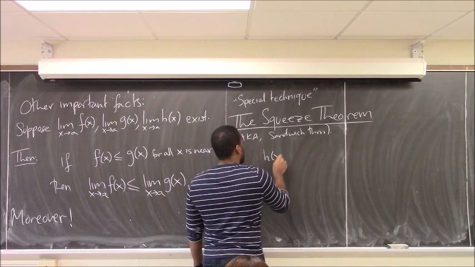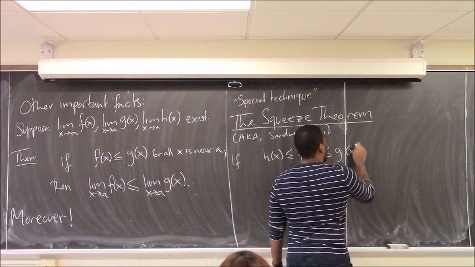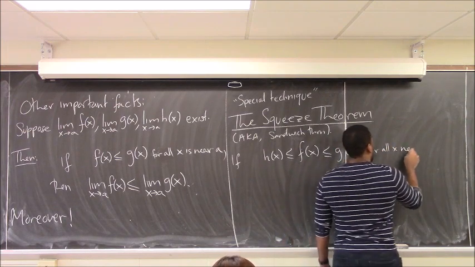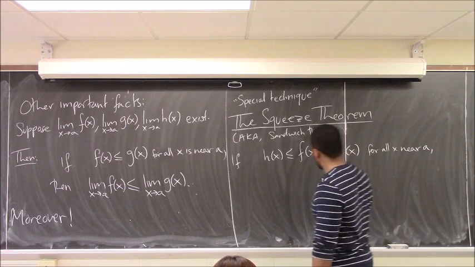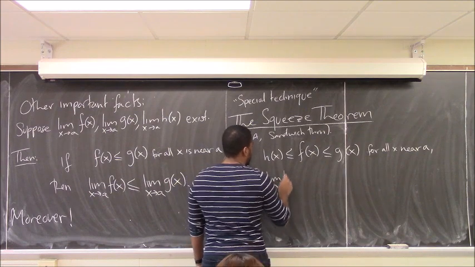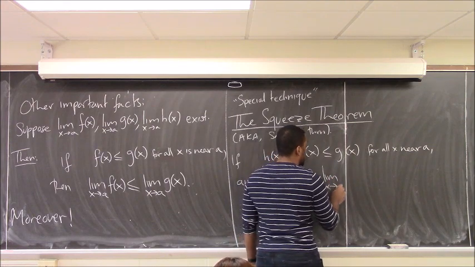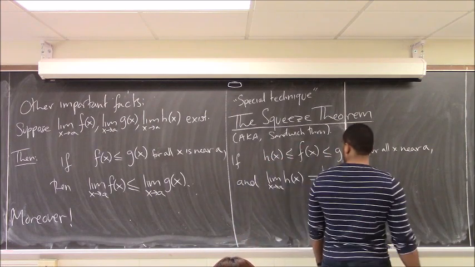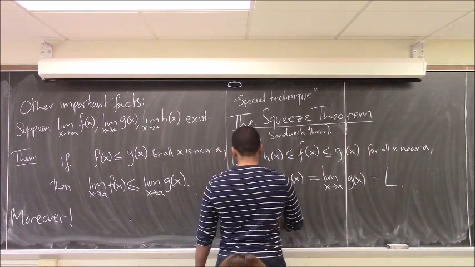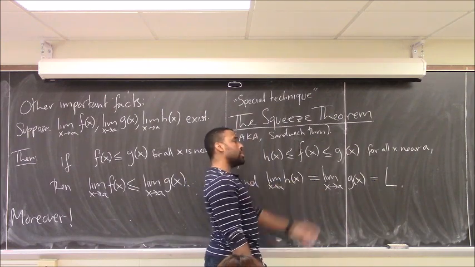If we know this relationship holds, and moreover, you know that the limit as x approaches a of h is equal to the limit as x approaches a of g. Let's say they're both L. Then, if I take the limit of all these guys, the limit will maintain the inequality.